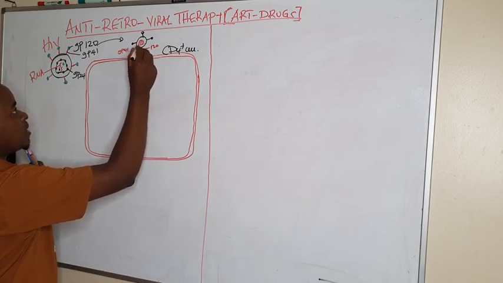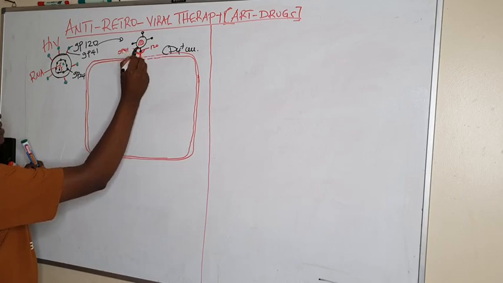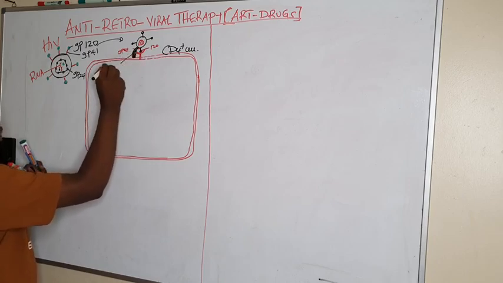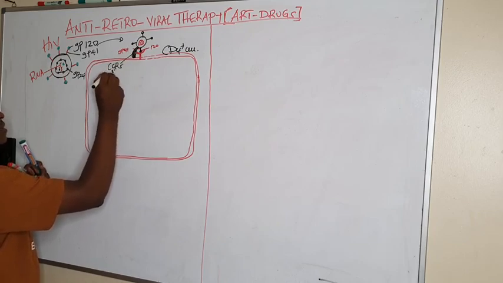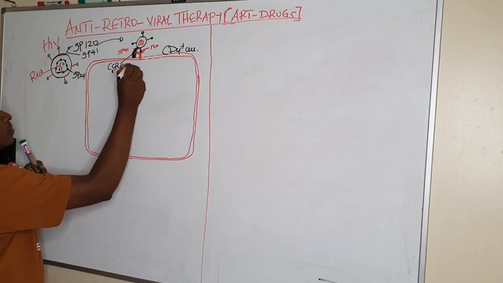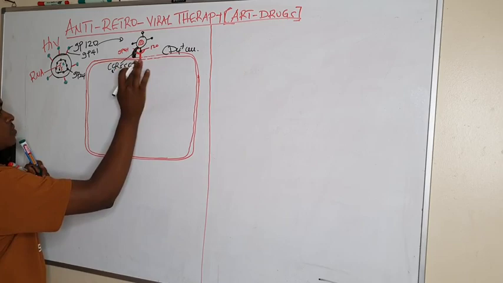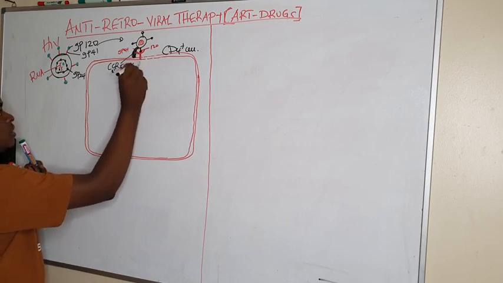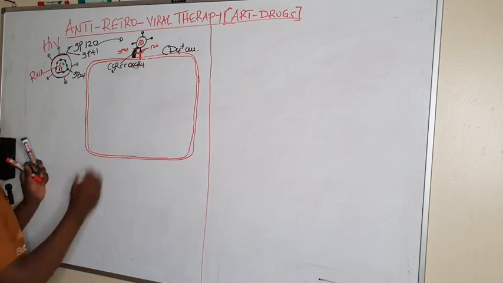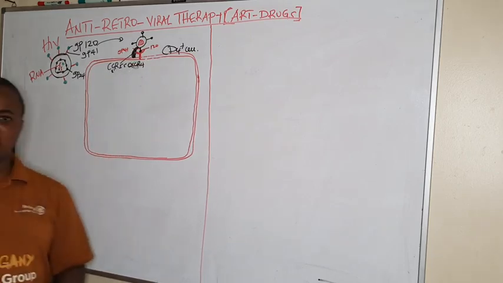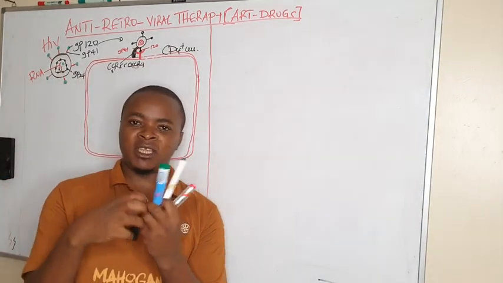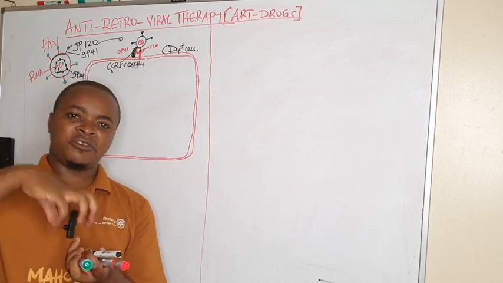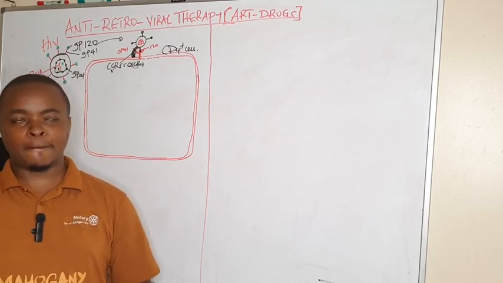And these co-receptors, we can name them, we have CCR5 and CXCR4. So these are the chemokine receptors which act as the co-receptors for firm attachment of the HIV virus, so that it can fuse to enter into the cell.